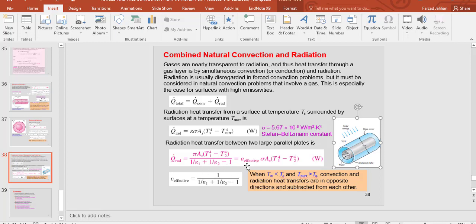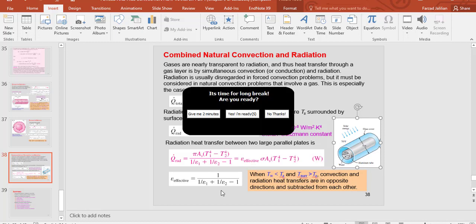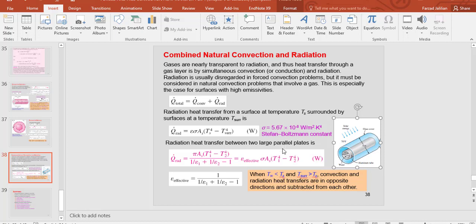So this effective emissivity for those two large parallel plates can be found by this equation, epsilon effective equals 1 divided by (1/epsilon 1 + 1/epsilon 2 - 1), where epsilon 1 and epsilon 2 are the emissivity factors for the surfaces of those two large parallel plates.